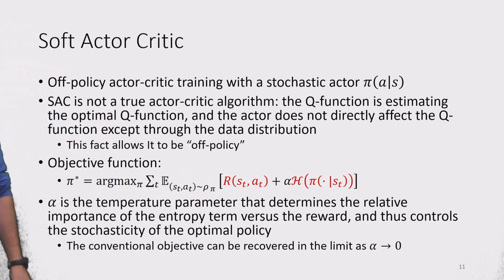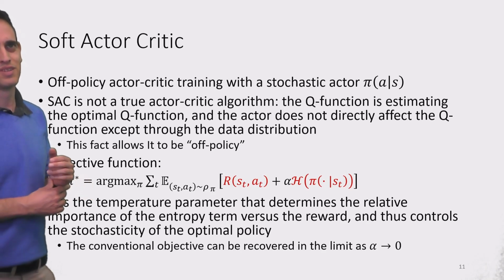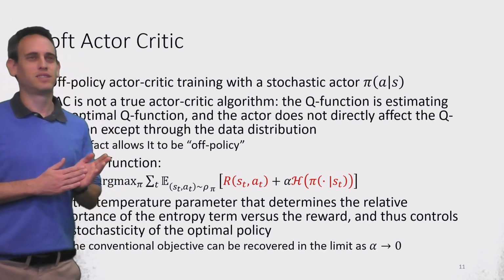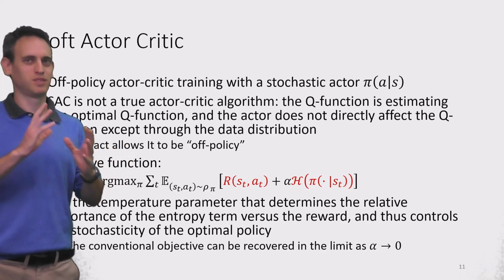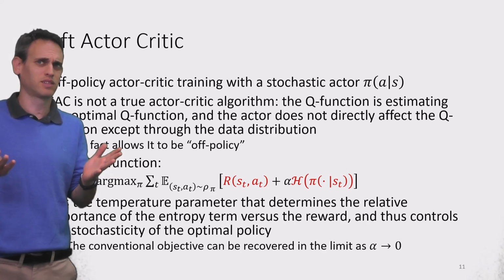Question: In SAC, isn't it also common to tune alpha, not just decay the value? Oh, yes. When I say dynamic, yes, alpha can be dynamically adjusted. You can take any value.